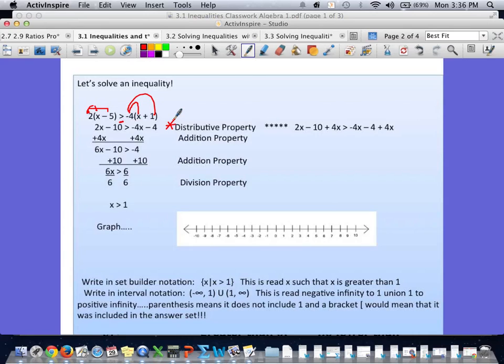Now, we're going to move the variables all to the left. So I'm going to add 4x to both sides. Okay? We've been doing it vertically, up and down, but you may also see that addition property written this way: 2x minus 10 plus 4x is greater than -4x minus 4 plus 4x.